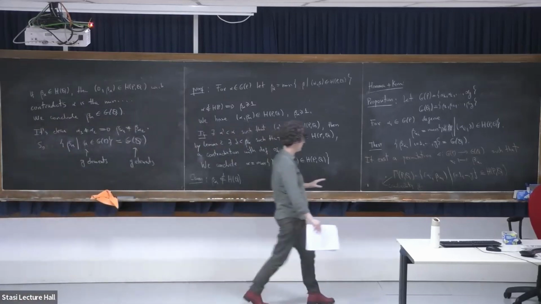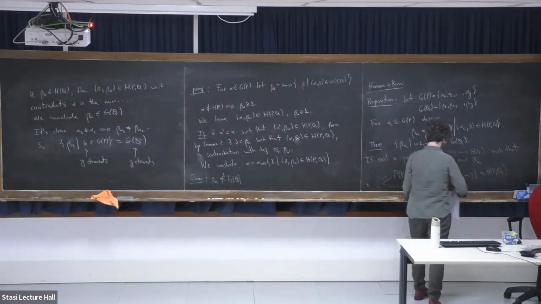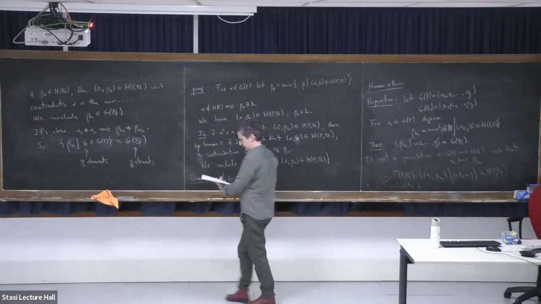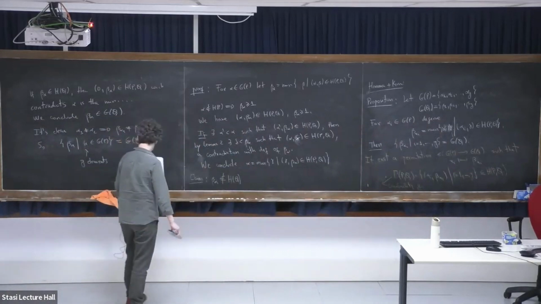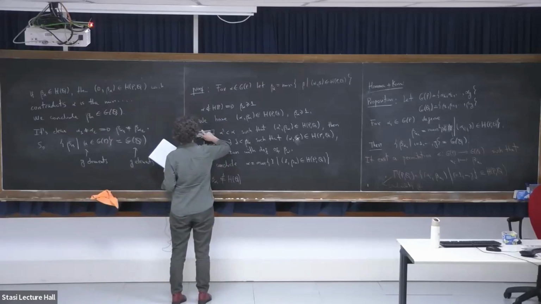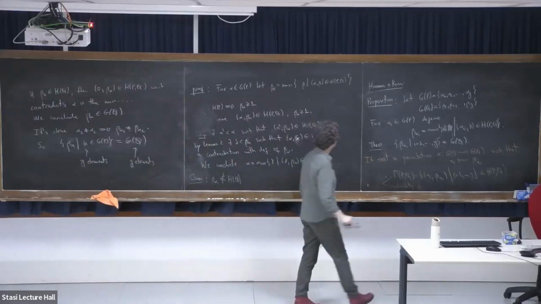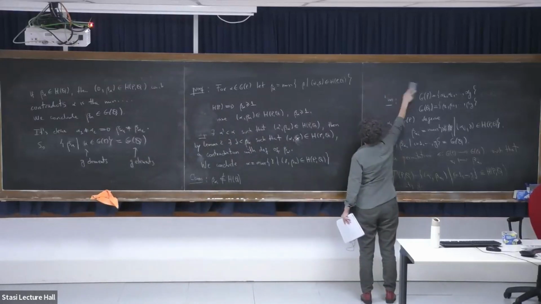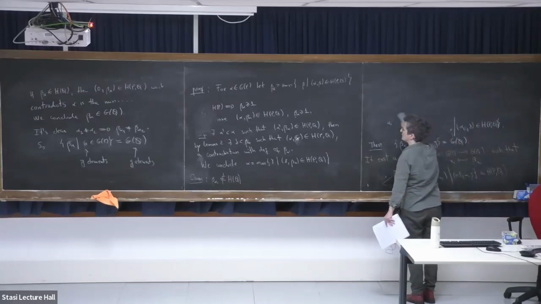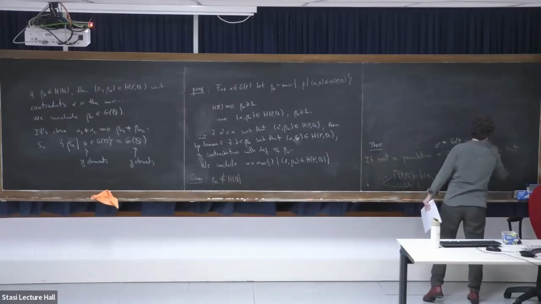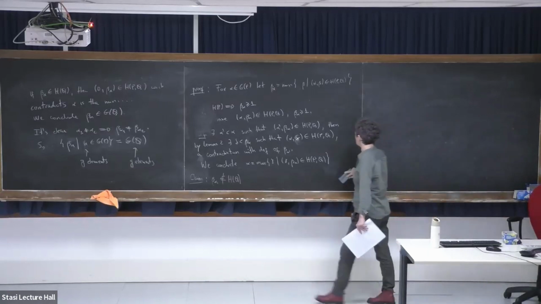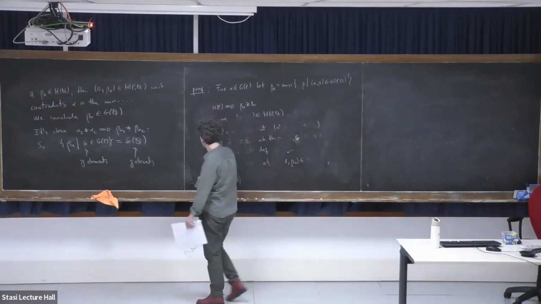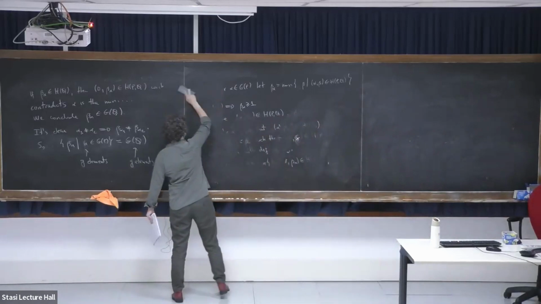So we know that this set is always there. Now, how can we get this set gamma? Well, there is a way to do it.